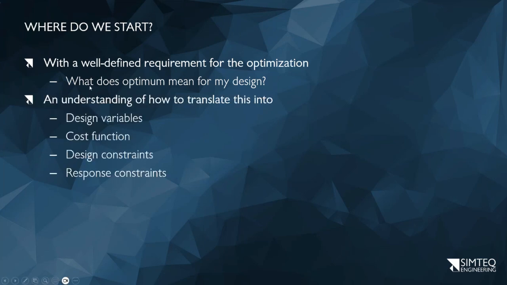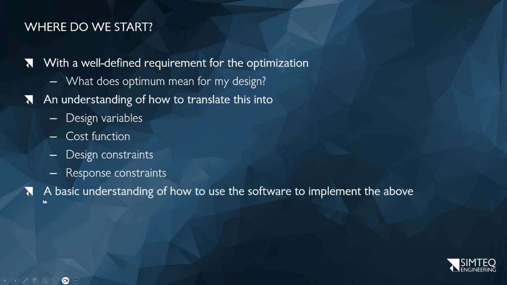Once you have that, that determines what your design variables should be, or effectively, what you can change, but these change what your cost function is, what your design constraints will be, and your response constraints. So design variable limits, stress limits, displacement limits, buckling limits, and so on, and mass in the example that we've used above.